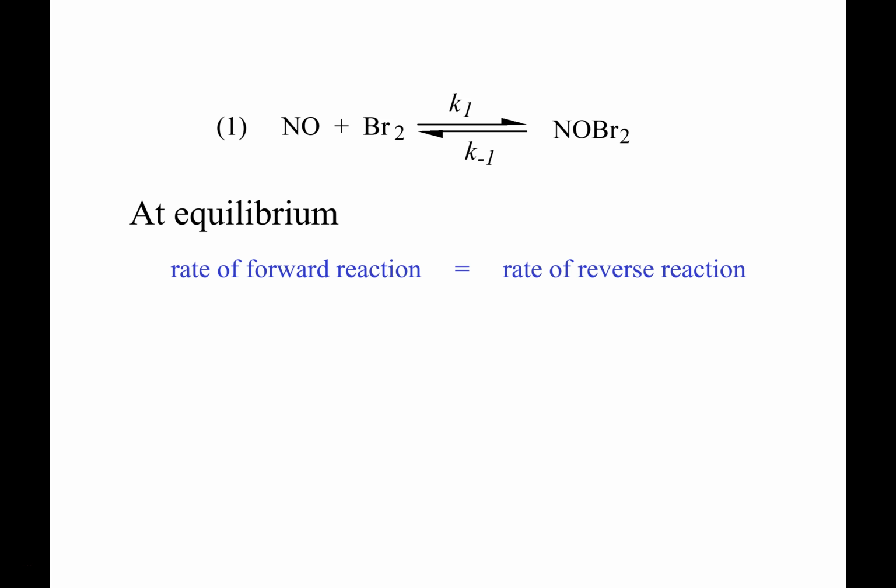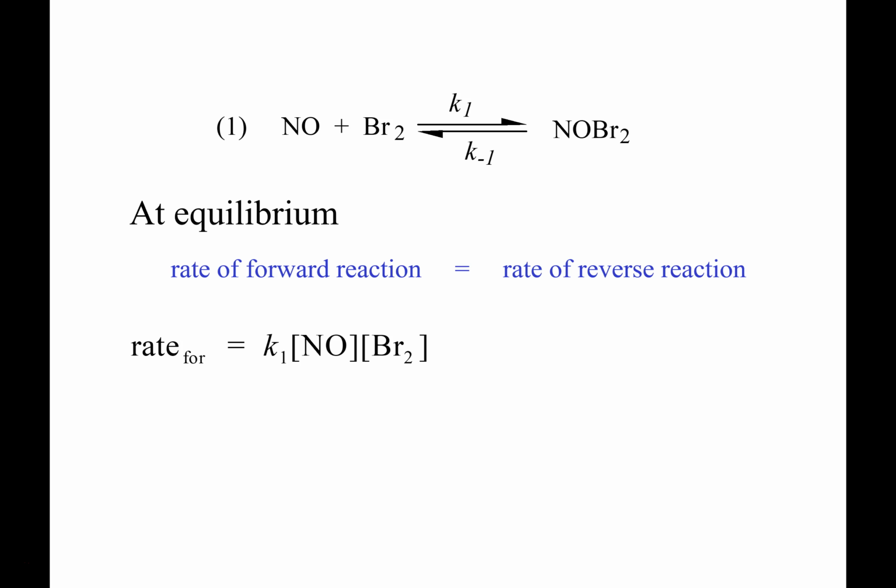Okay? Well, that's awesome. Since it's an elementary step, we can use molecularity. So here we go. In the forward direction, we're going to use the rate law constant K1. In the reverse direction, we're going to use K negative 1. Using molecularity, in the forward direction, the rate is equal to K1 times the molar concentration of NO times the molar concentration of Br2.